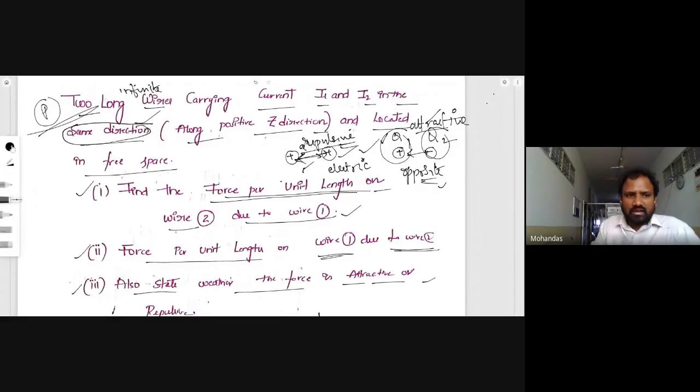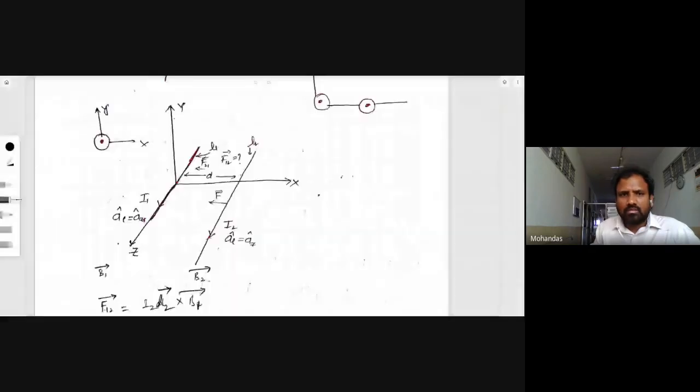Let us see the diagram related to this problem. Are you able to see this diagram here?